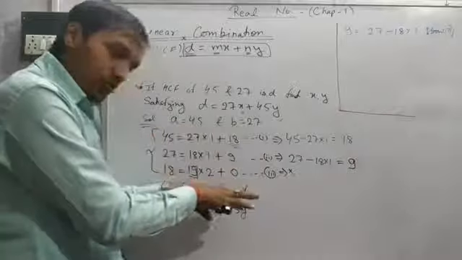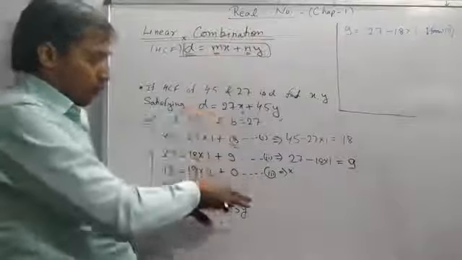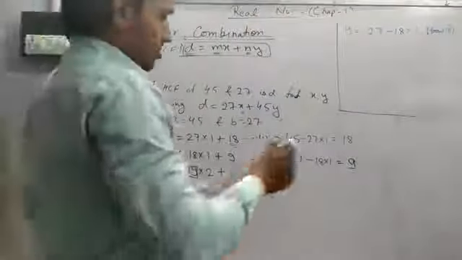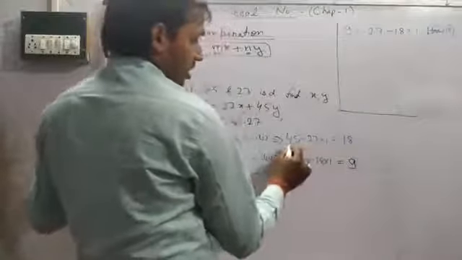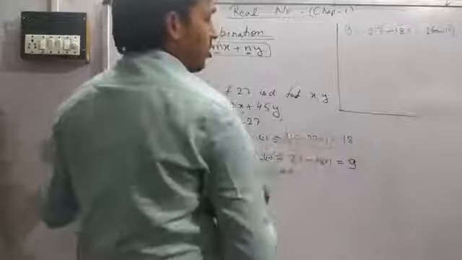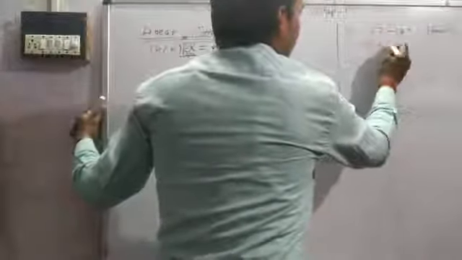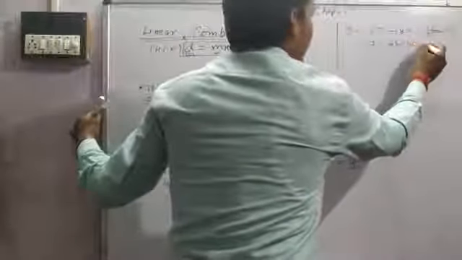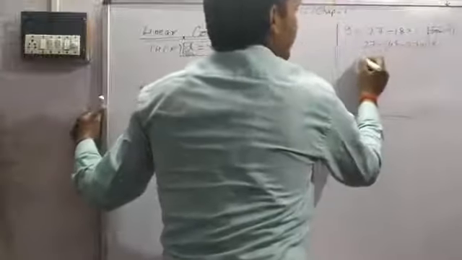Firstly last equation, then second last, and so on from bottom to top. So here we convert 18 from the value of 18, that is 45 minus 27 into 1. So in the place of 18 we can put 45 minus 27 into 1.